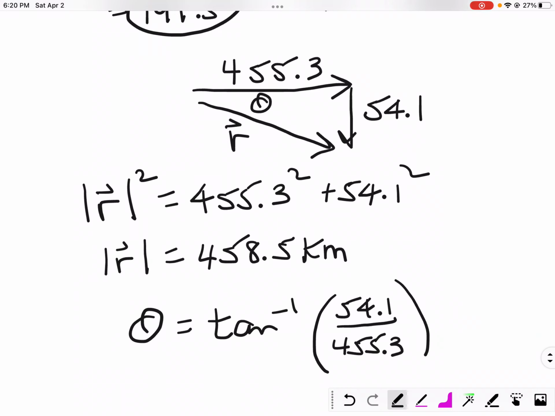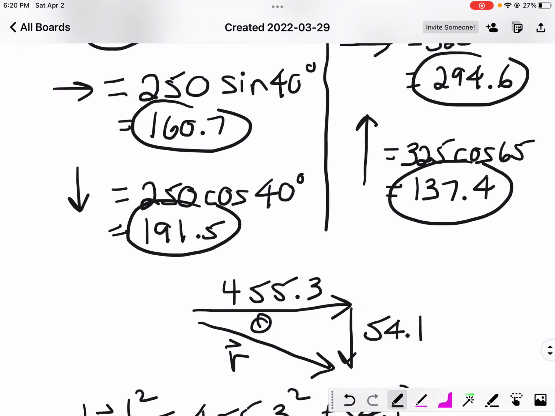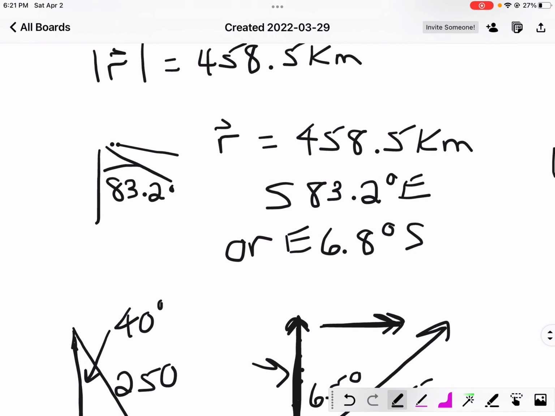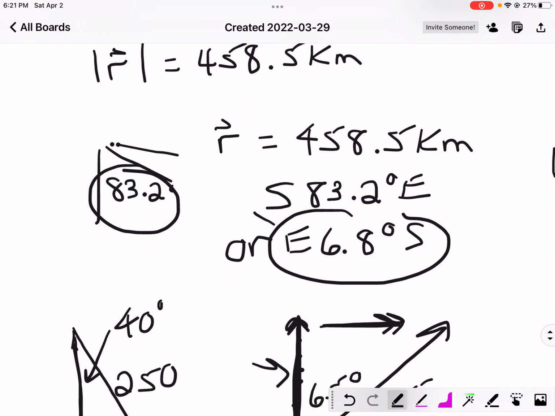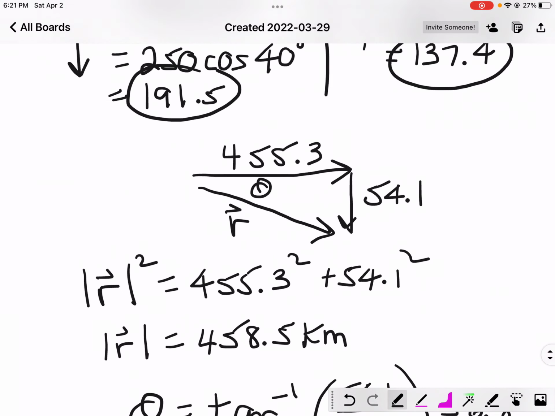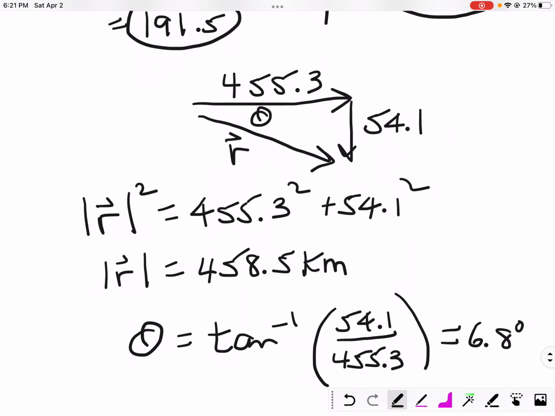And lo and behold, I get 6.8 degrees, which we've seen before because this angle in here was the 83.2, and we said we could also say that's the angle in there. So that gives us that angle, which is the angle we go down from east.